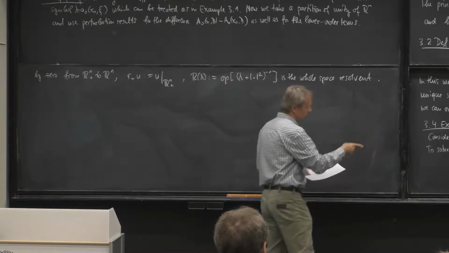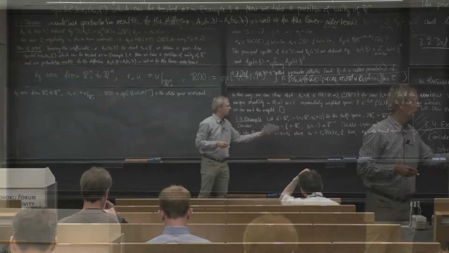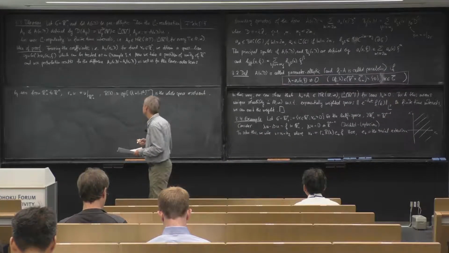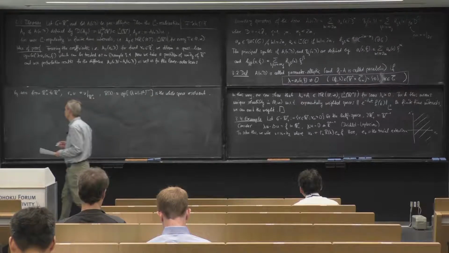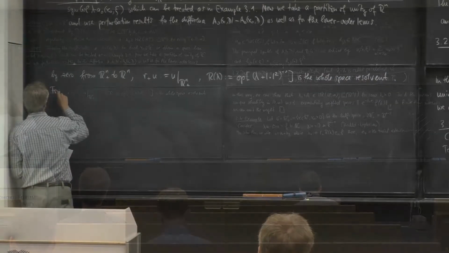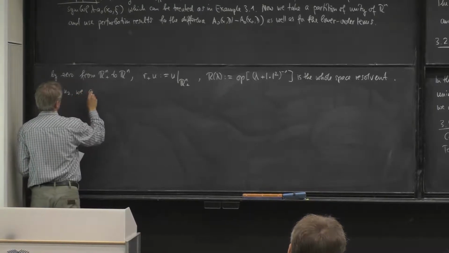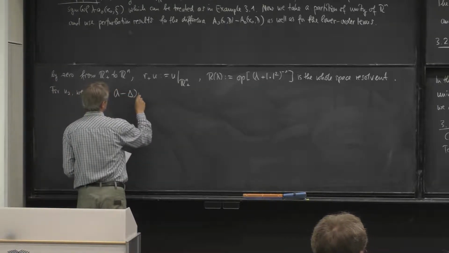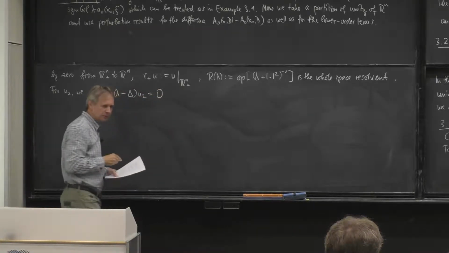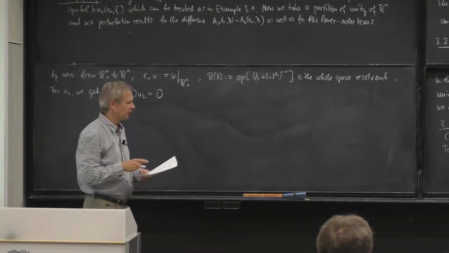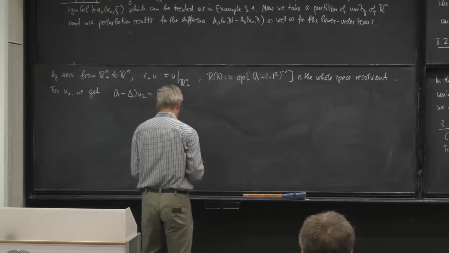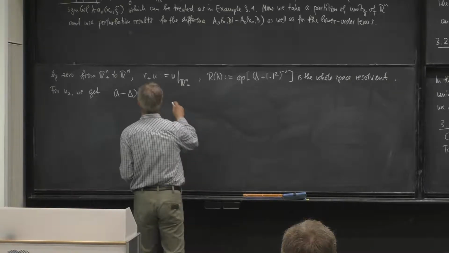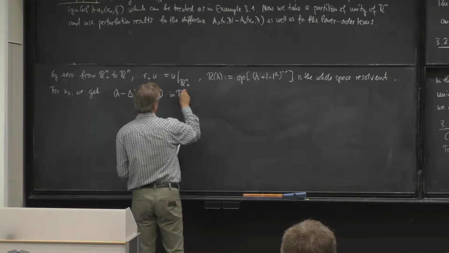Okay, so we simply subtract the solution in the whole space. And then for the other part, for u2, we get the equation lambda minus Laplace u2 equals 0 now, of course. But now on the boundary, we have some data. So this is in Rn plus.